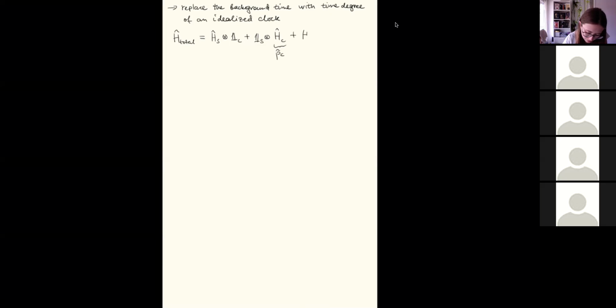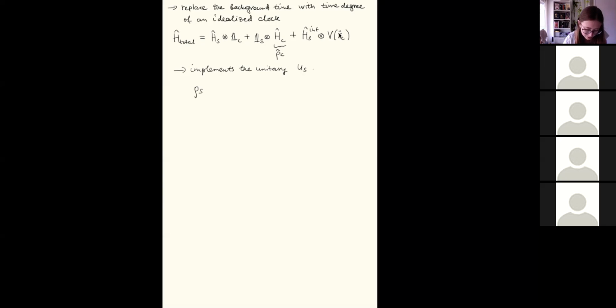Plus we have our interaction term, but coupled on the side of the clock to the potential V, depending on the time degree of freedom of the clock, which is the position of the clock. And I claim that this implements the unitary U_S, which we were considering on the previous page.